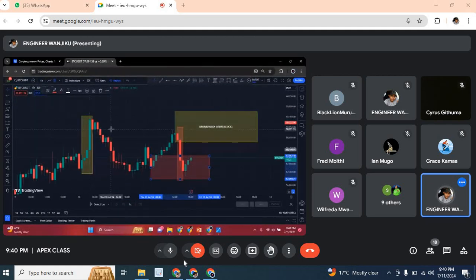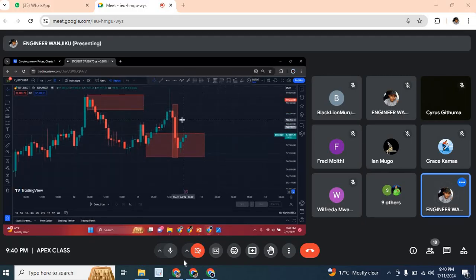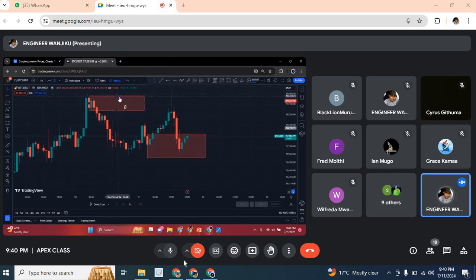And when you come to our far left right here, we had our bearish order block from this point. Let me delete everything. Where's our bearish order block? Yes, the last green before a significant sell.